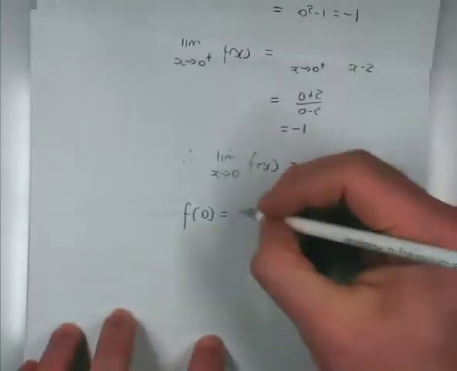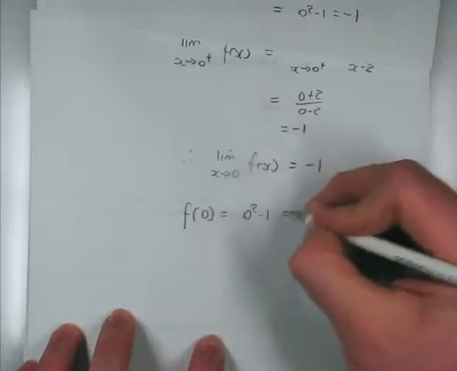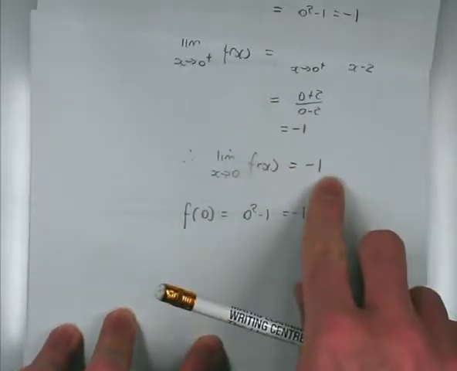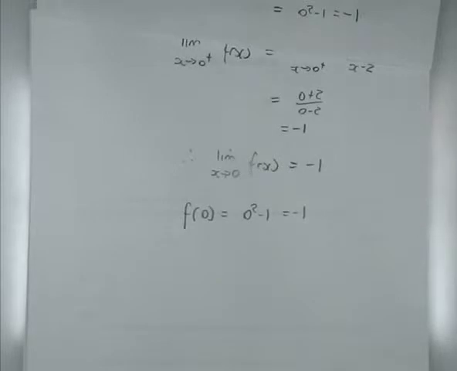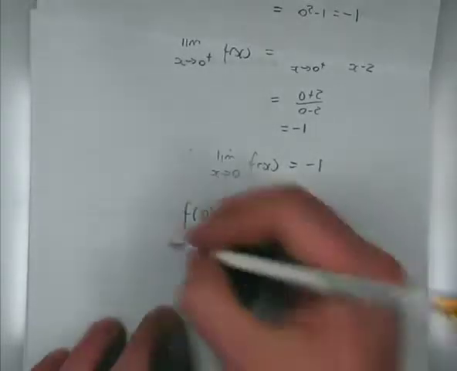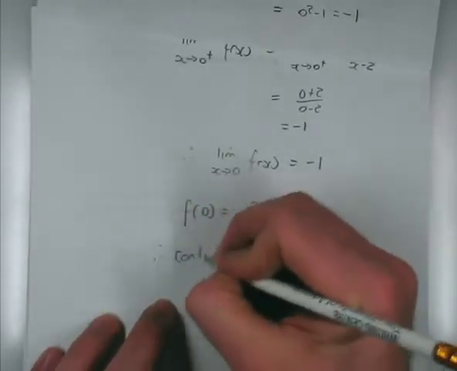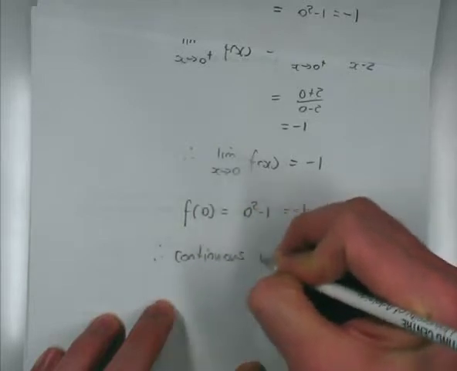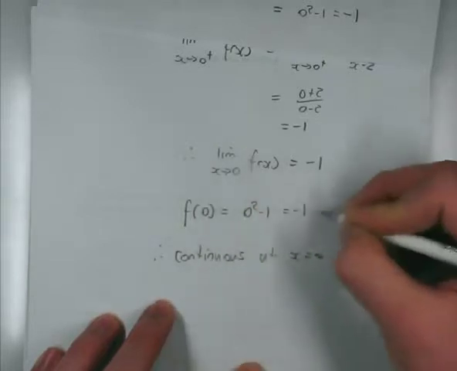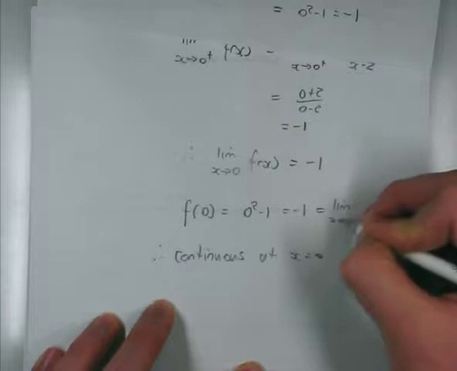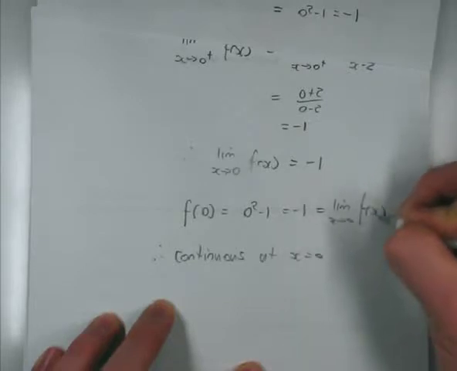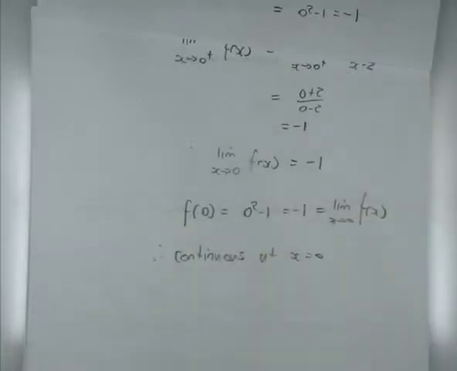So f of 0 is 0 squared minus 1, which is minus 1, which is equal to the limit, so it's actually continuous when x is 0. So therefore, continuous at x equals 0. Technically, I should probably assert that this is actually equal to the limit. Okay, so it turns out that it's not discontinuous at that point. I was worried about it at x equals 0, but it's actually fine.